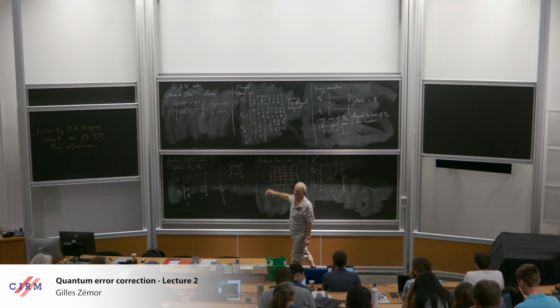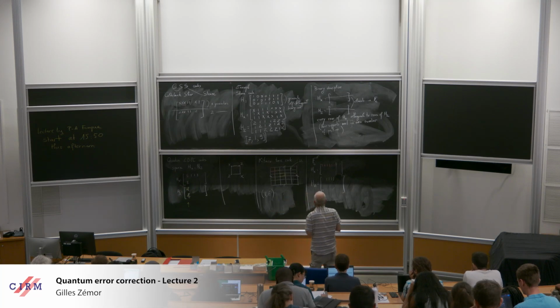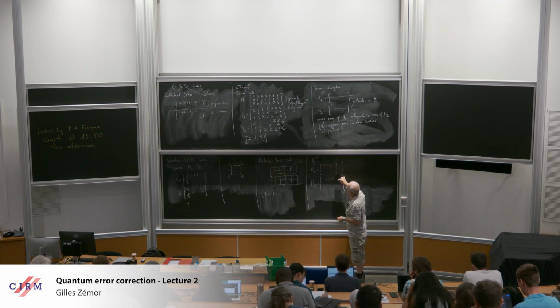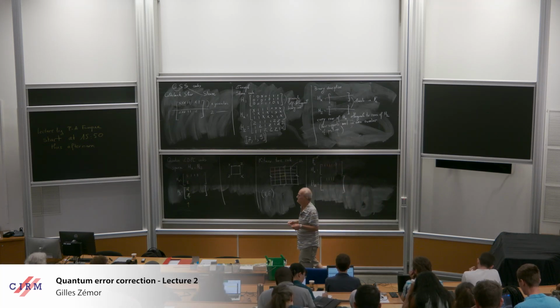Either the supports don't meet, or if they do meet, they meet in exactly 2 edges that form a little corner. So they're orthogonal. Again, it means that if you transform them into a set of X operators and Z operators, they all commute.